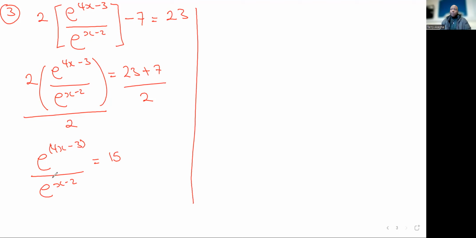So I'm going to use the division law so I can simplify that. So we're going to have exponent of 4x minus 3, then we're subtracting, minus x minus 2, and that will give you equal to 15. And this is law 2.